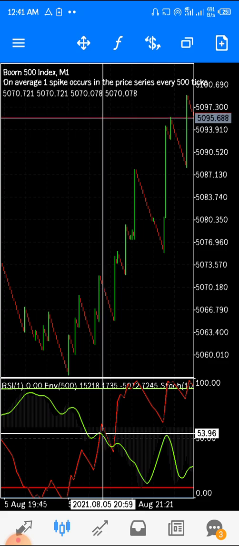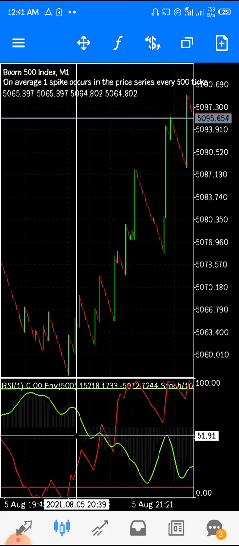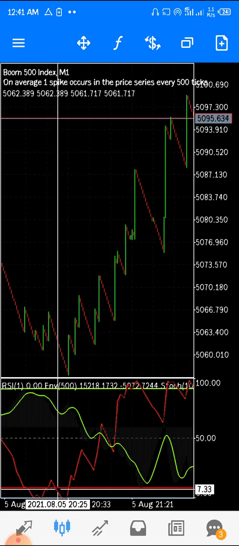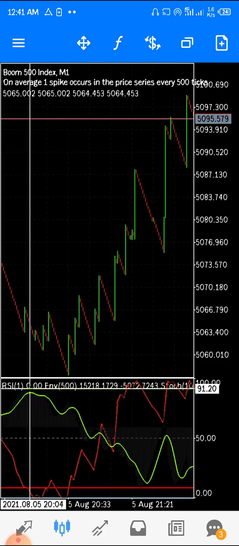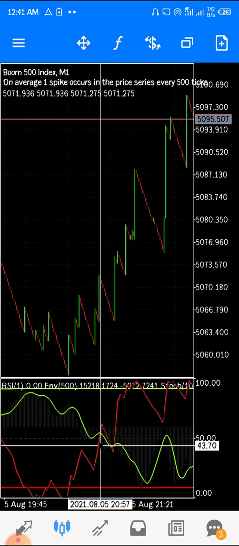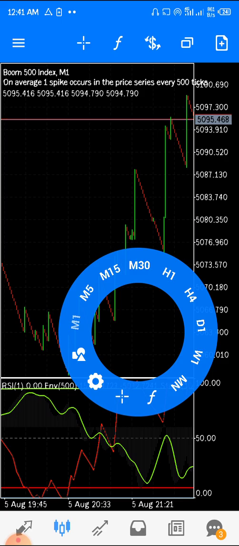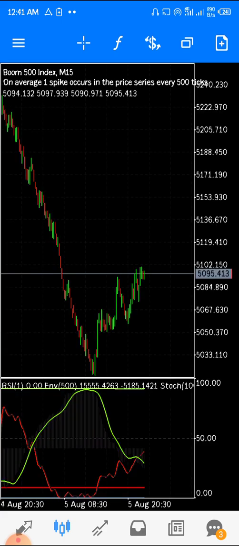But for boom 500 and boom 1000, what you'll be looking out for is for the stochastics to be rising from this red horizontal line. Once it is rising from this red horizontal line and this MACD is dropping from this green horizontal line, once a spike occurs and they cross, you confirm on the higher time frame that price is at a support, either on 15 minutes or on 1 hour.